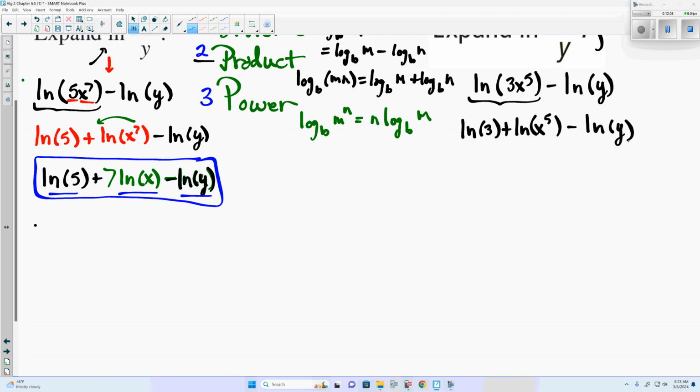But since they're all the same natural log, they would be like terms and they would combine to give us plus what? 5 ln of x. We have ln of 3 plus 5 ln of x minus ln of y. That's it. Questions on this here?